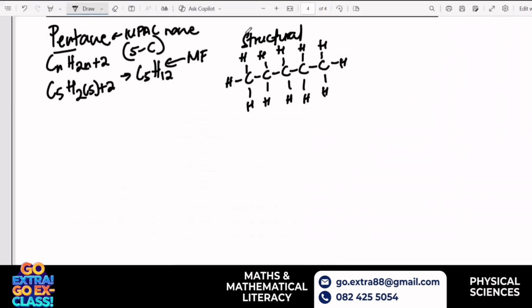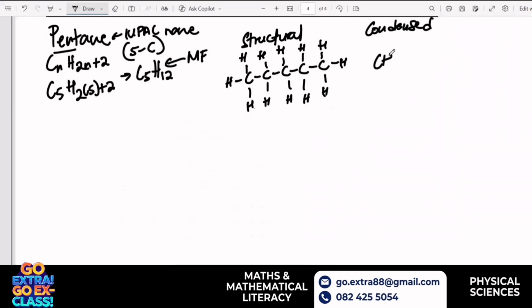Now remember, in the structural formula we show all the bonds. So now if we write a condensed structural formula, what we simply do is condense these bonds.